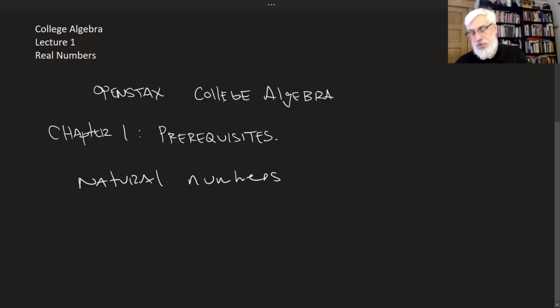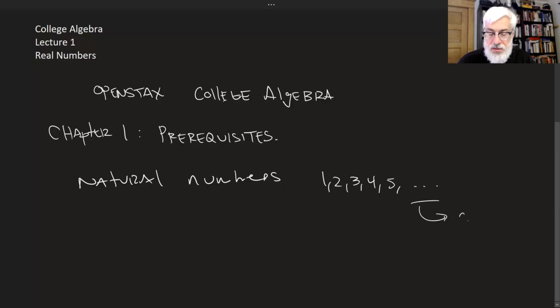The natural numbers are the numbers 1, 2, 3, 4, 5, etc. These three dots mean it continues. And if there's nothing on the other side of this dot, dot, dot, that means it goes on forever.